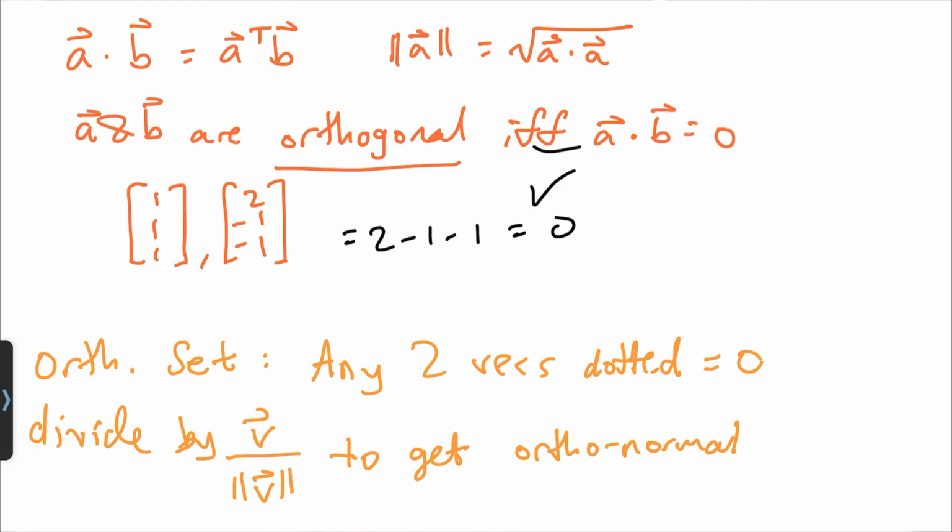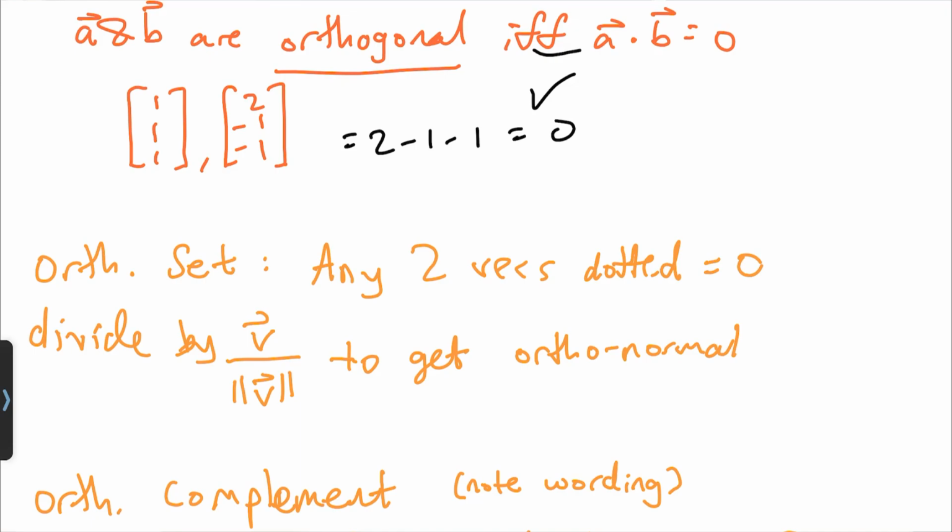For an orthogonal set, let's just say 5 different vectors in some set of vectors, then any two vectors that you choose, when you dot them, will have to equal 0. And sometimes they might ask you for orthonormal, which is essentially a vector that is of length 1. And to get that, you divide your vector by the square root of that vector dotted with itself.